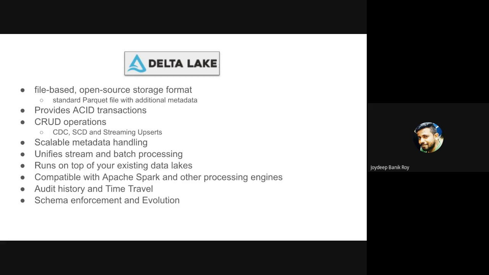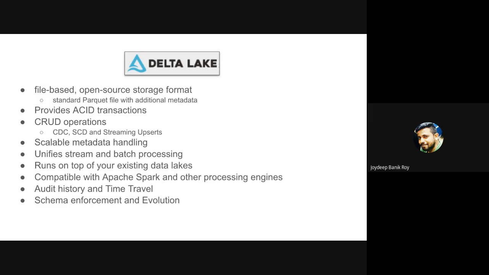We can bring both stream and batch processing. So there are not many changes required, and we can do it by writing probably 10 lines of code. That's a good thing, that we have actually upgraded to stream-based processing as well. So Delta does this for us. They provide both stream and batch processing unification.